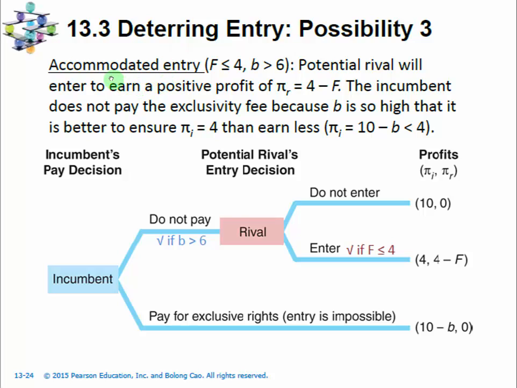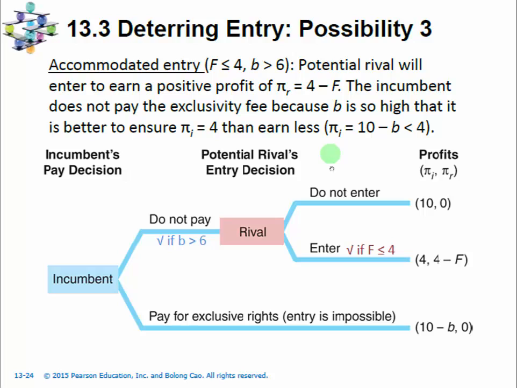A third possibility is called accommodated entry. That means the mall may choose to charge a fee for the exclusive rights so high that it's higher than 6. So let's say 7. Then 10 minus 7 is 3. If the incumbent pays for the exclusive rights, it only gets 3.